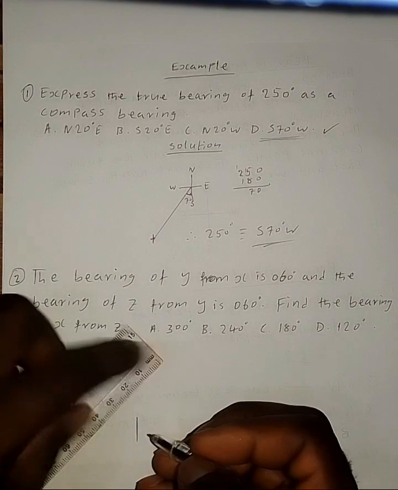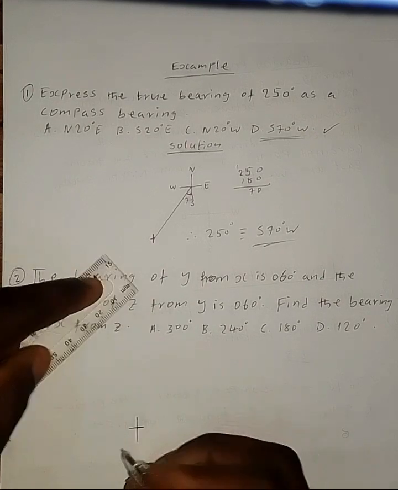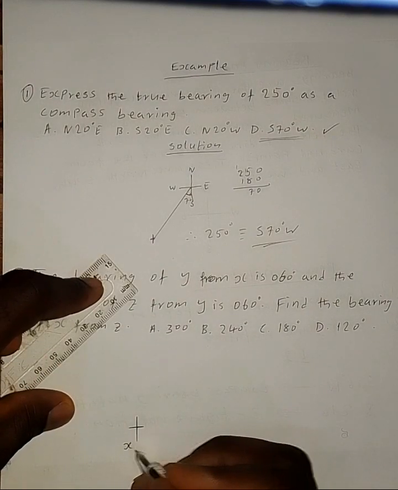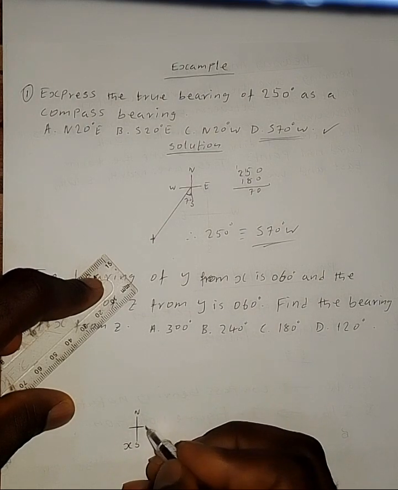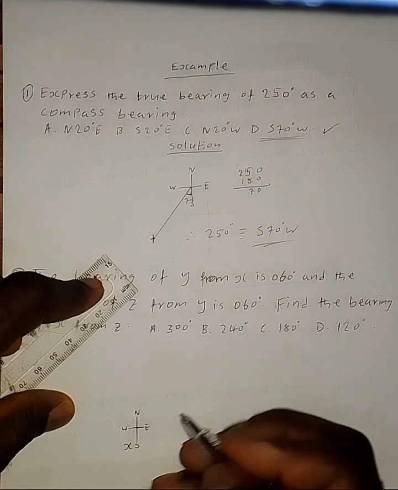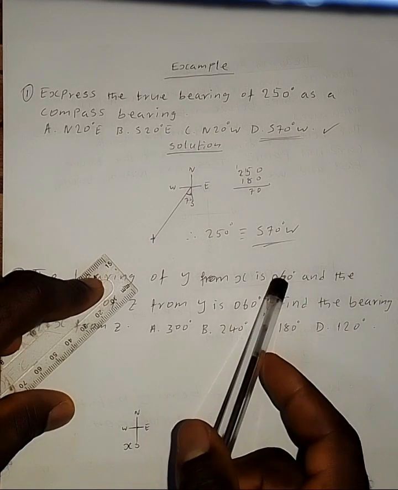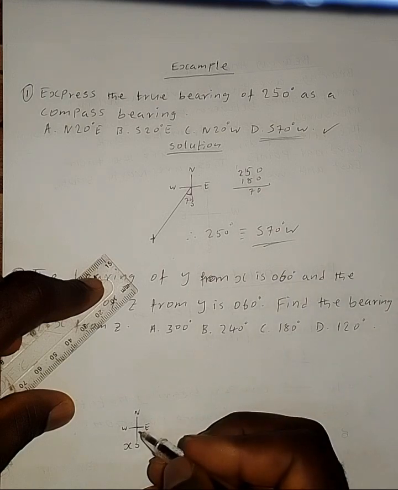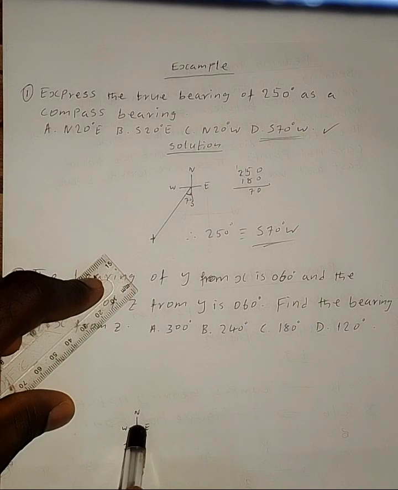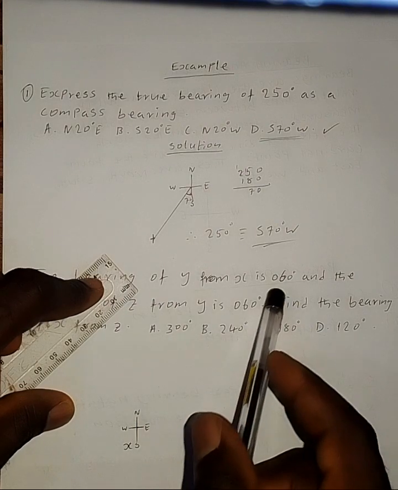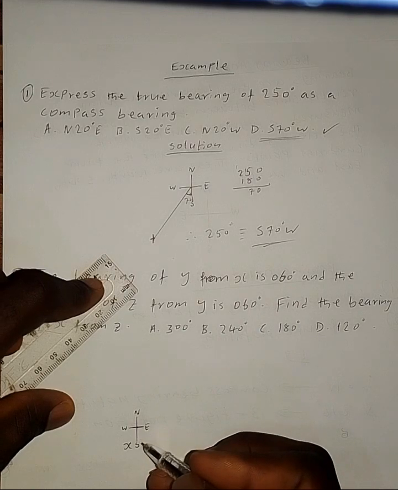I'm drawing my 4 cardinal points: north, south, east, and west. They said it is 60 degrees. 60 degrees will situate on the first quadrant because it is less than 90 degrees. When it is greater than 90 degrees, we are going to take it on the second quadrant.